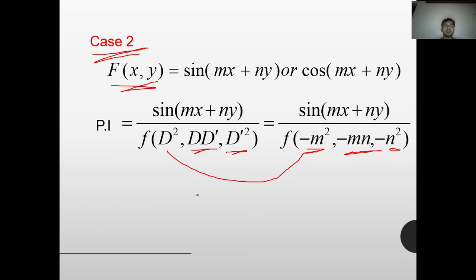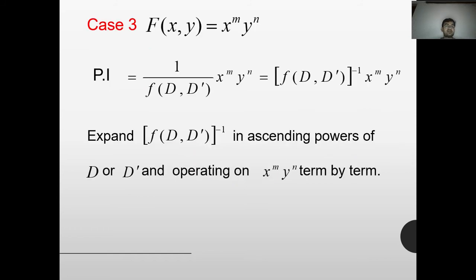Then we get the particular integral. Next, if f of x, y is equal to x raised to m into y raised to n, then 1 upon f of D, D dash into x raised to m into y raised to n.